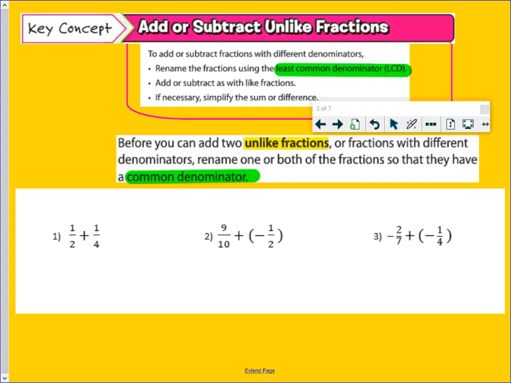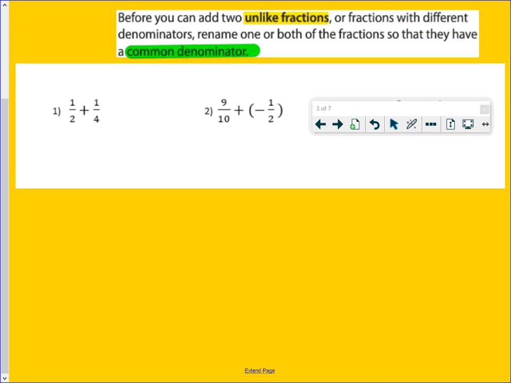So look at number 1. We do not have a common denominator. This should be mental math for you guys. Our common denominator will be 4. So let's rewrite these fractions so they have the same common denominator. We have 1/2, and I'm going to do them vertically this time. I'll switch it up here and there for those of you that do things differently. And we have 1/4.